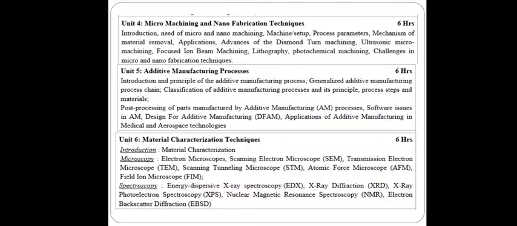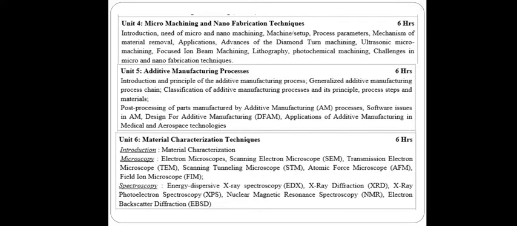Now unit 4 consists of micro machining and nano fabrication techniques, like mechanism of material removal, applications, advances of diamond turn machining, ultrasonic machining, focused ion beam machining, lithography, photochemical machining, challenges in micro and nano fabrication techniques, etc. In unit 5 we will discuss additive manufacturing processes.